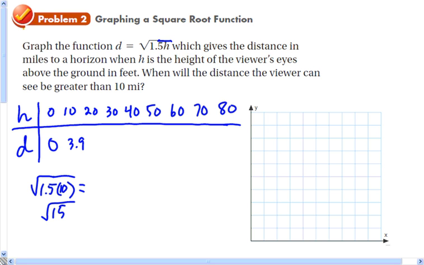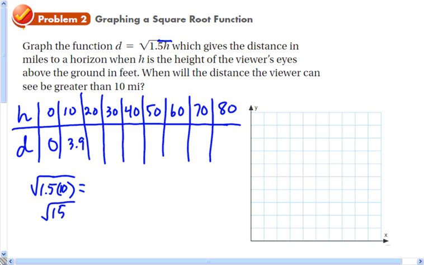Square root of 20 times 1.5, 20 times 1.5 is 30. The square root of 30 is about 5.5. If I put 30 in here and do the square root of 1.5 times 30, that's the square root of 45, which is about 6.7, and so on.